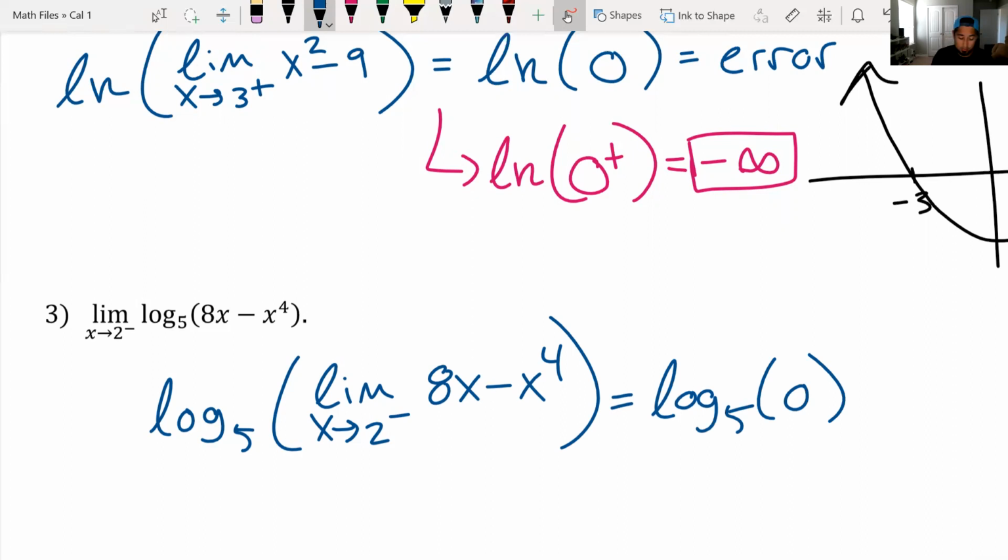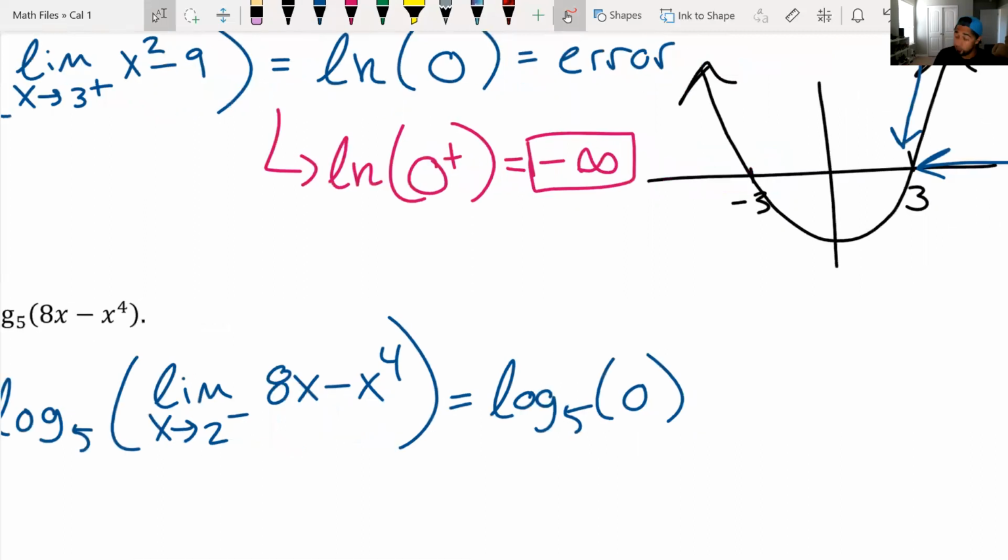Can we take the log of 0? Again, that is no. We can't take the log of 0. We get another error. So we must assume that since the inside function is heading towards 0, it has to head towards 0 from the right in order to satisfy the log function. Hey, that was better worded than the one above it. Okay, so did I remember what I just said? I think so. Again, as the inside function approaches 0, we have to assume that it is approaching 0 from the right.